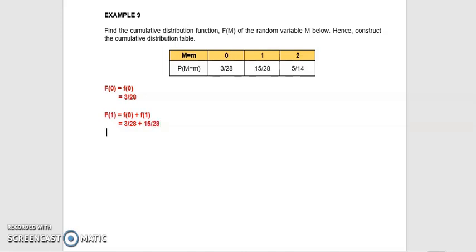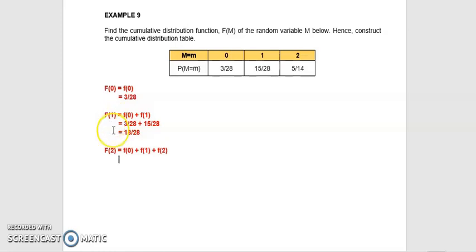So up to F1, the cumulative is 18 over 28. Then up to F2, you start cumulative from F0 plus F1 plus F2.